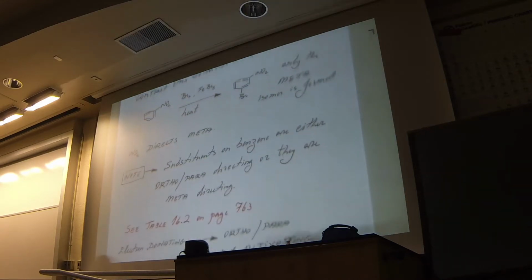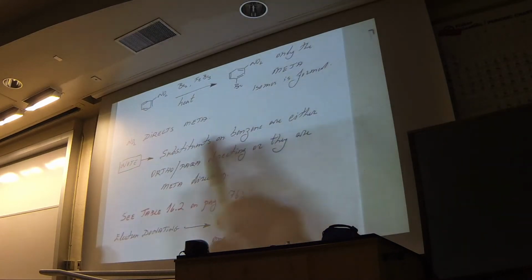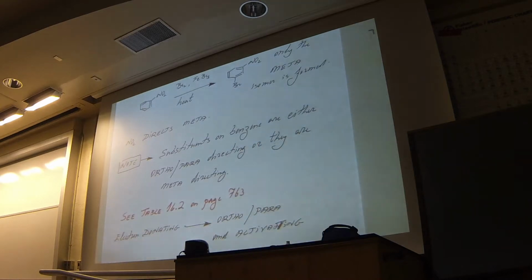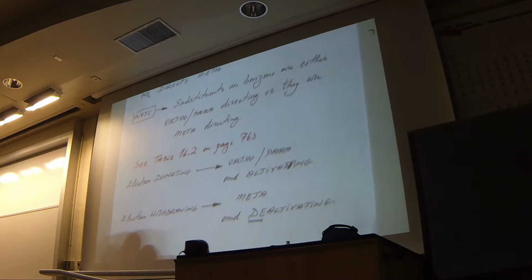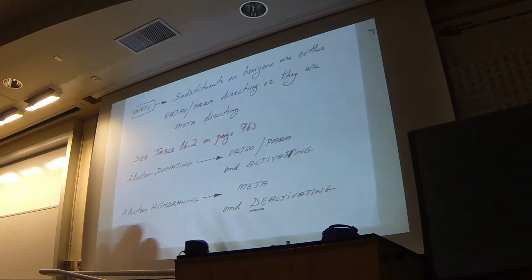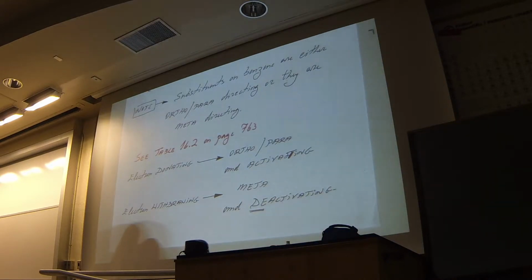Okay, now that's just what I said. Substituents on the benzene are either one or the other. They're either ortho-para or meta. They're not ortho-para sometimes, meta the other times. No, ortho-para all the time or meta all the time. There's a table, this is the 5th edition. Take a look, they have a list of substituents and whether they're ortho-para or meta directing.